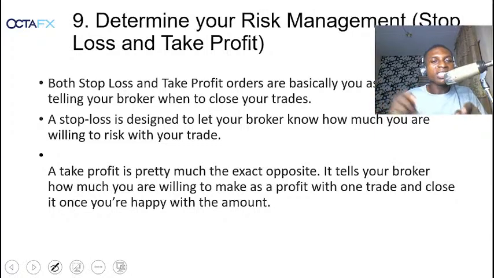A stop loss is designed to let your broker know how much you are willing to risk with your trade. A take profit is pretty much the exact opposite. It tells your broker how much you are willing to make as a profit with one trade and close it once you are happy with the amount.